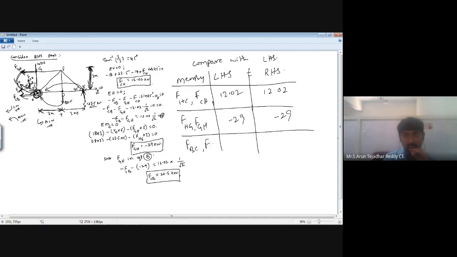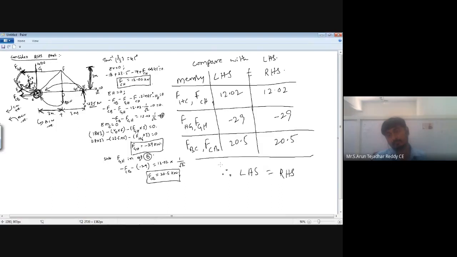FCB: here we got 20.5, here also 20.5. Therefore, LHS is equal to RHS.